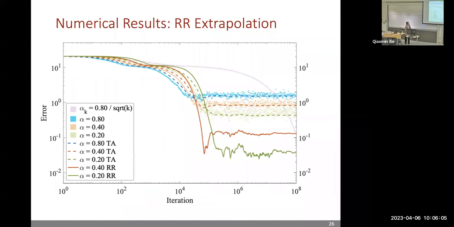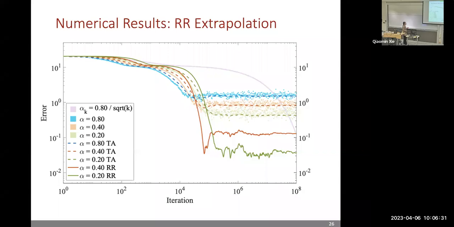And here are some numerical results. The dots correspond to the raw iterates without any averaging. The dashed lines show the three step sizes, 0.4, 0.4 and 0.2 here, in decreasing order. You can see that using a smaller step size gives a smaller error. Now let's see the extrapolation sequence.